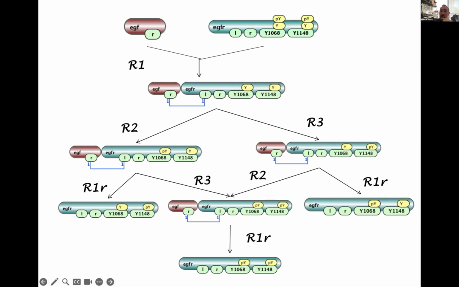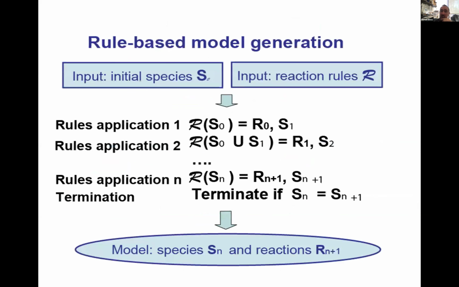So you see that starting from two species, we end up with 1, 2, 3, 4, 5, 6, 7, 8 different species. And this is network generation, which starts from species and reactions and generates the complete network. So this network can be very big, but at some point, if we exhaust the whole space of chemical species, then we say that we generated the reaction network model that corresponds to the original set of reaction rules.